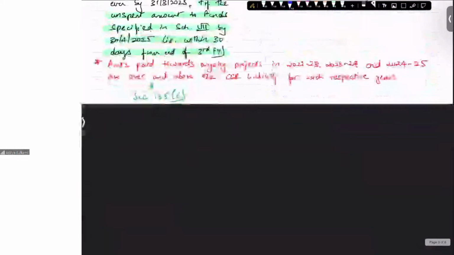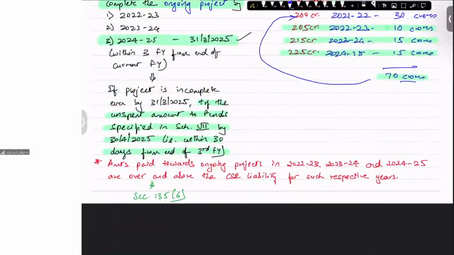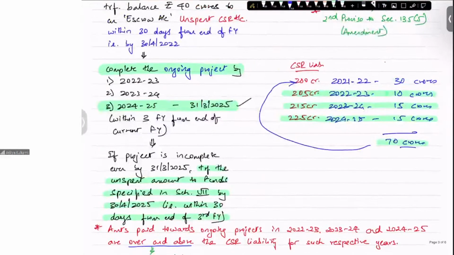So therefore, this is what is written here. Amounts paid towards ongoing projects in 22-23, 23-24 and 24-25 are over and above the CSR liability for such respective years. Over and above. Matlab 205 plus 10 is what you are going to pay. 215 plus 15 is what you are going to pay.